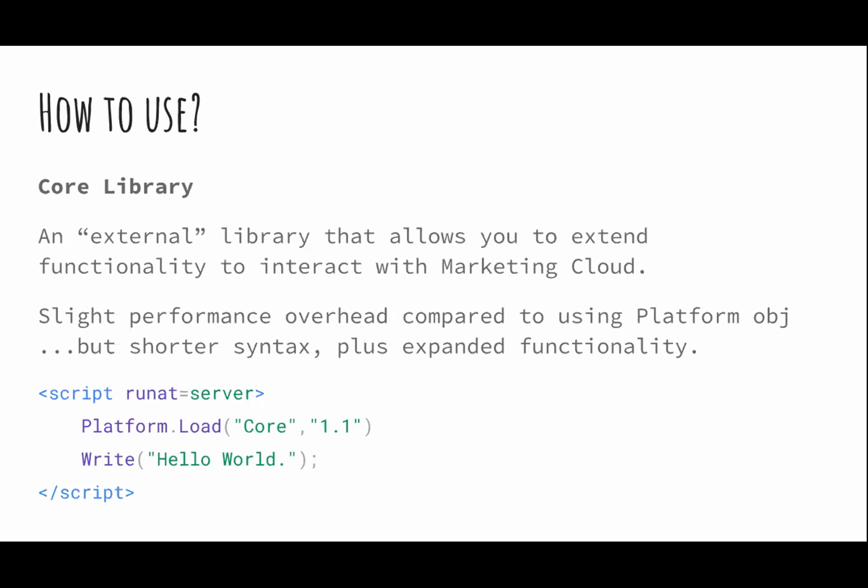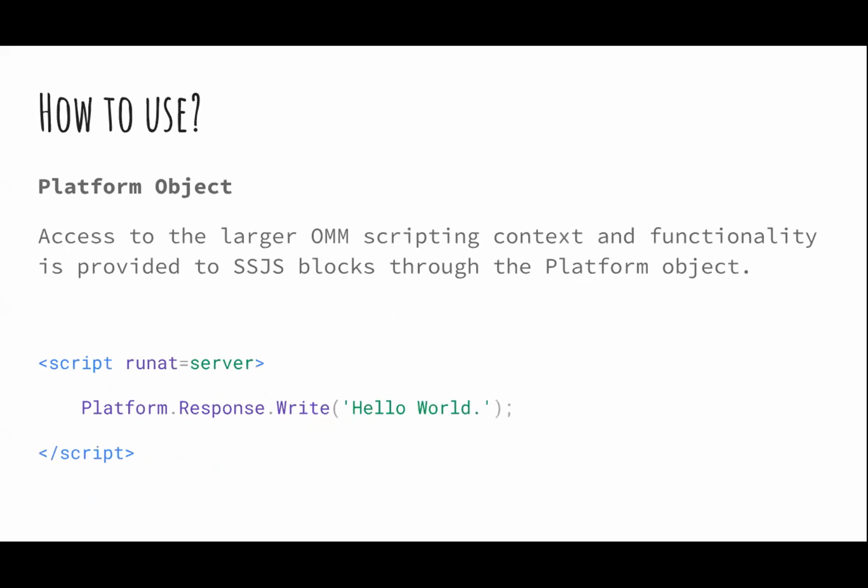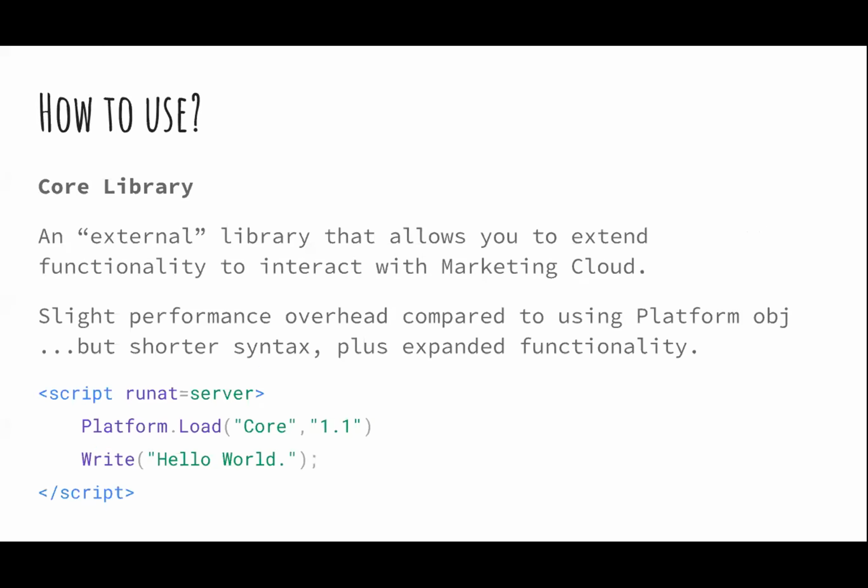And so it does have, like I mentioned, that slight overhead. So if you're not using core functions, then there's no point including that library because it will add that overhead. Anyway, an example here is write. You saw the previous page, using Platform.Response.Write, and using core, you can just write.